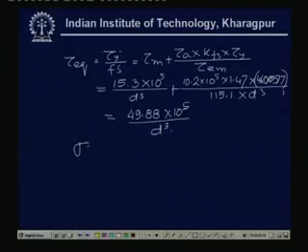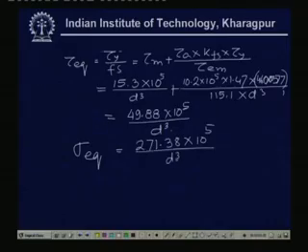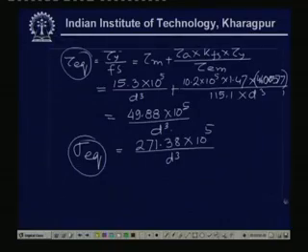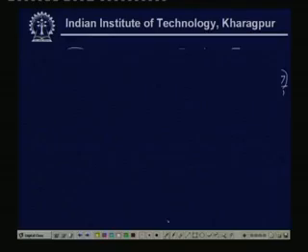Similarly, sigma equivalent, in the same manner if we put the values, comes out to be 271.38 into 10 to the power 5 by dq. You know tau equivalent, you know sigma equivalent. So, one can very well utilize the Mohr's circle concept to get the values of sigma 1 and sigma 2.